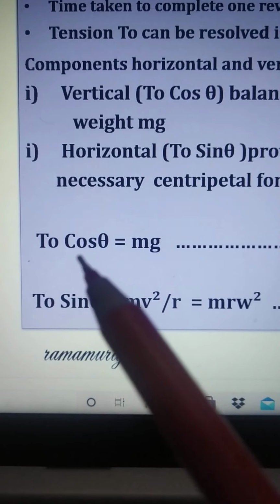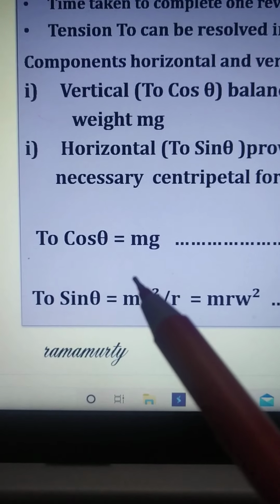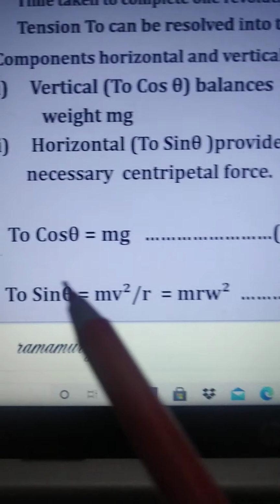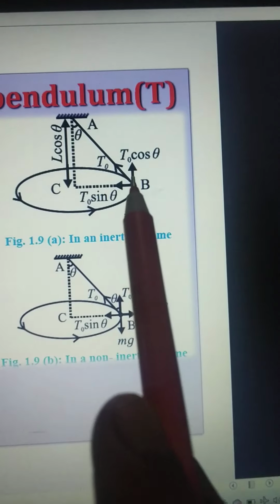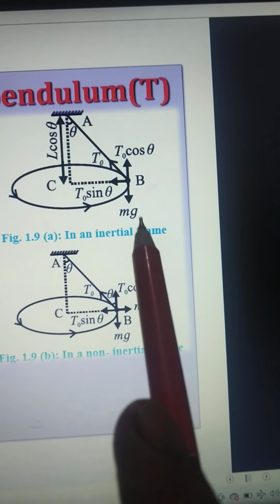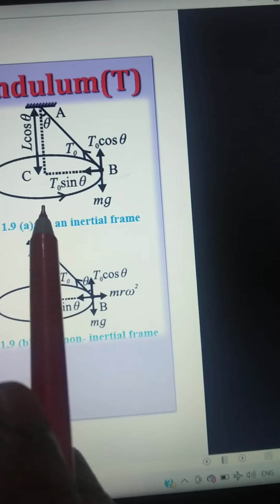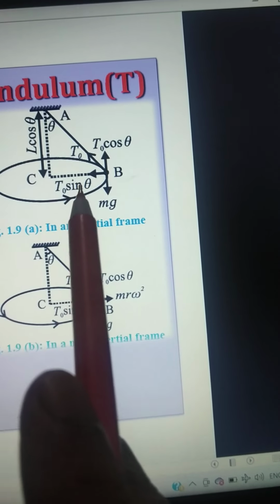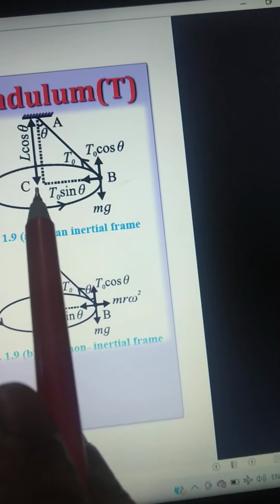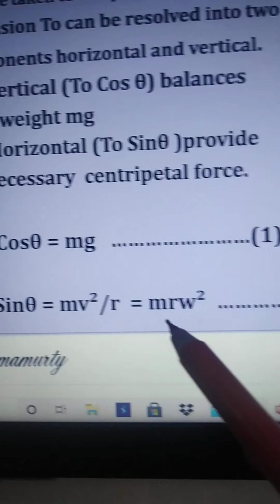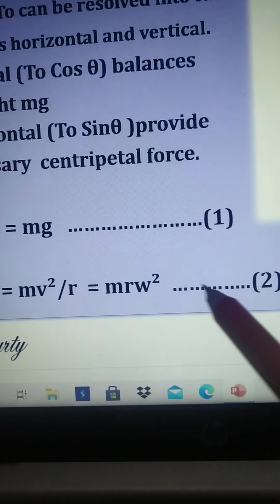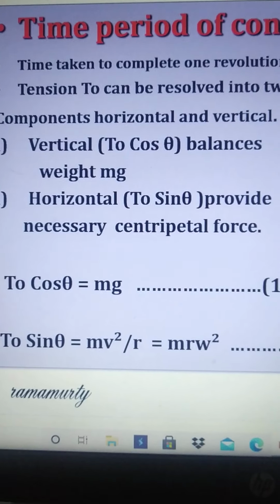So T0 cos theta is equal to mg, equation number 1, referring to figure 1. The second one, T0 sin theta, balances mv square upon r, which is equal to mr omega square, equation number 2.